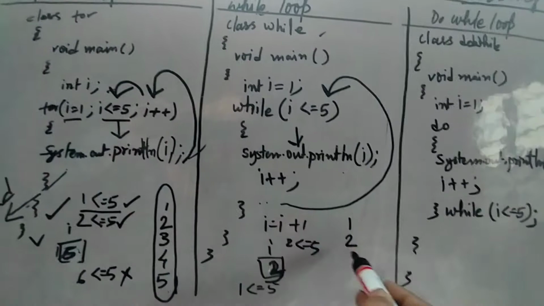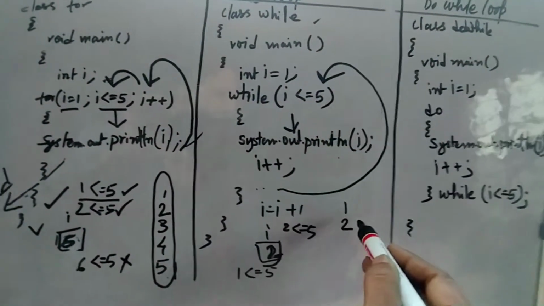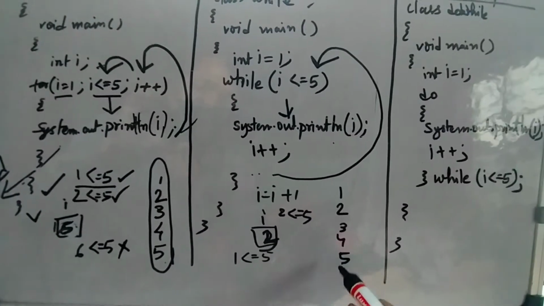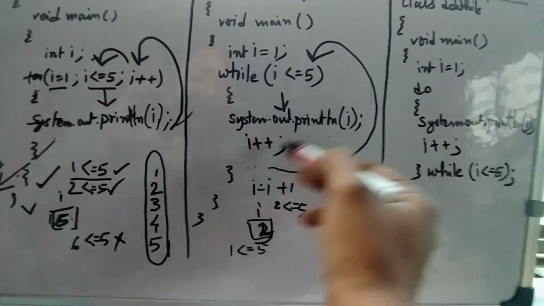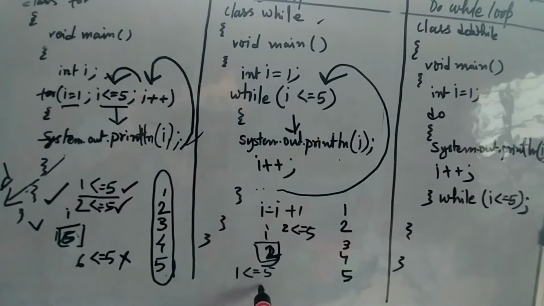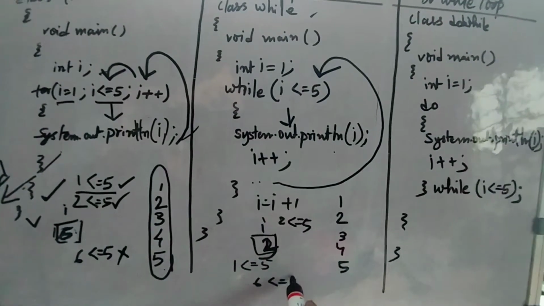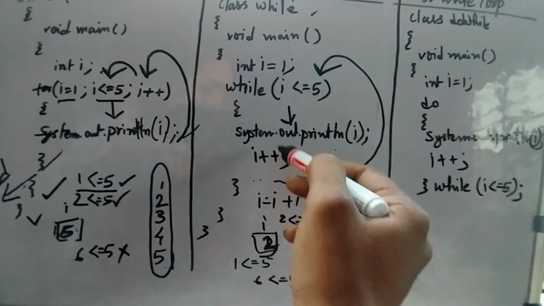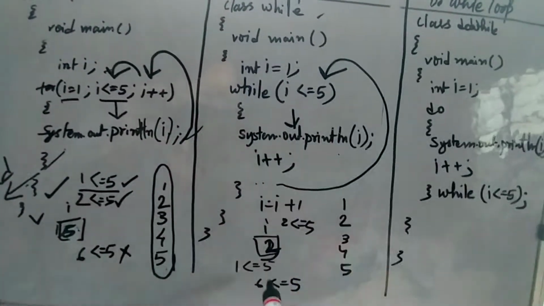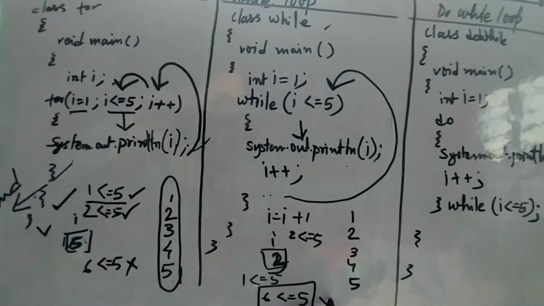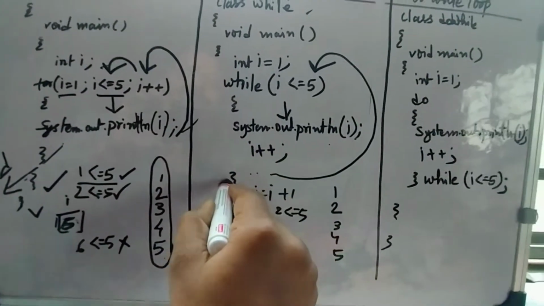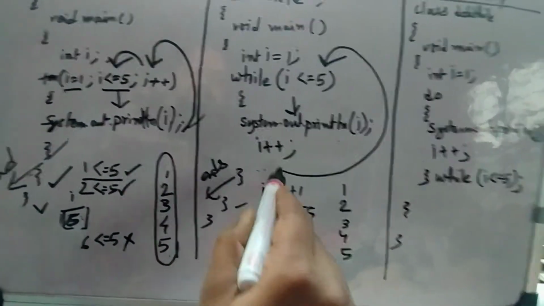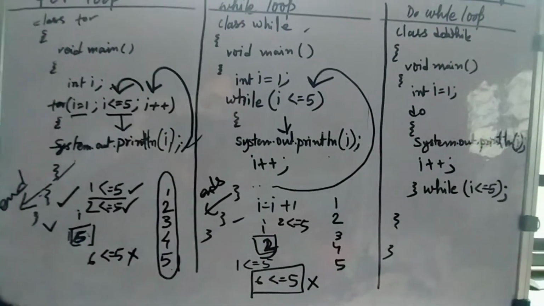Like this it will print 3, 4, 5, and once 5 is printed and gets increased by 1, 6 is checked against 5, and after increasing 5 to 6 it again checks the condition. Here the condition fails, hence the loop ends, and now we have the ending of the program.